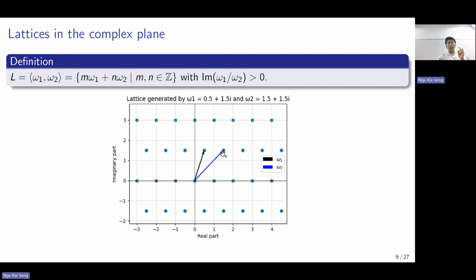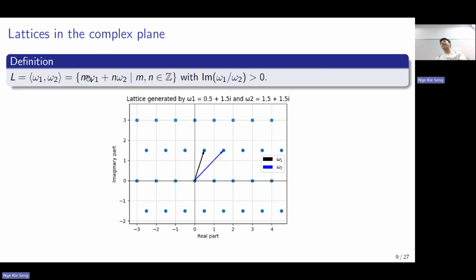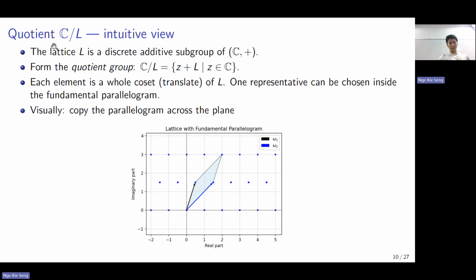Once we have defined a lattice, we can define the quotient of the complex plane by the lattice. The lattice is a group. You can define addition and subtraction on it. So once you quotient by the lattice, we will form a quotient group.